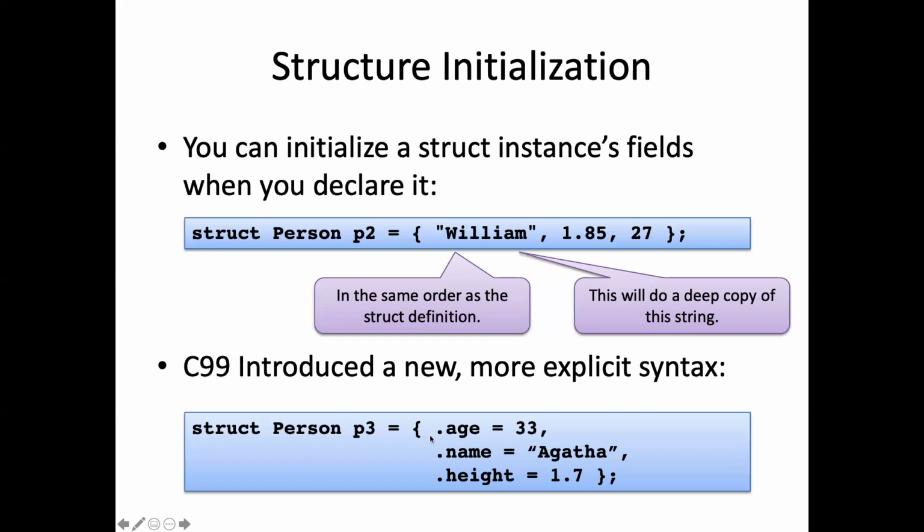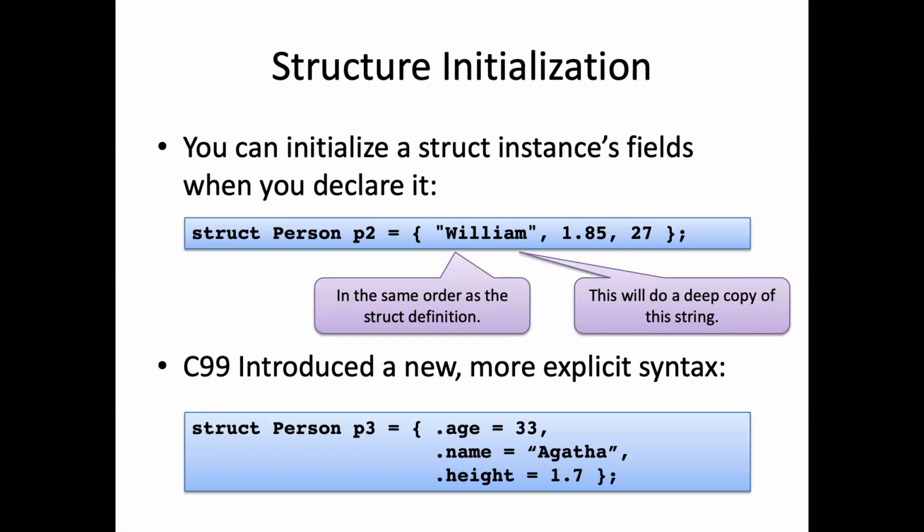So if you say .age, even if that's not the first field, the compiler knows you're giving a value of 33 for the age field, and then a name for the name field, and then a height for the height field. And you can even mix the syntax for this. I wouldn't recommend it, but it behaves kind of like arrays did.